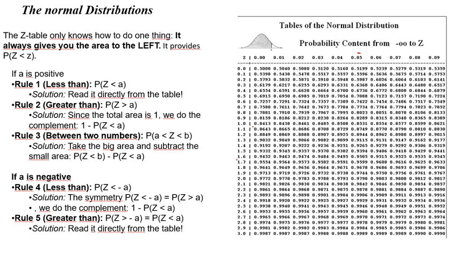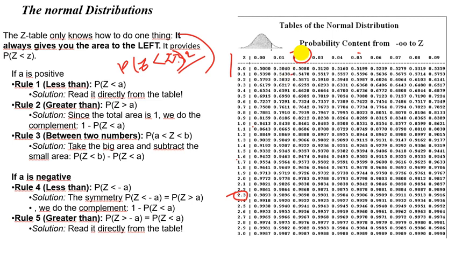So again, if I ask what is the probability that z takes a value less than, for example, 2.32. What we have to do here, we go to the first column, 2.3, we said 0.02, so we go here, this is 2.32.